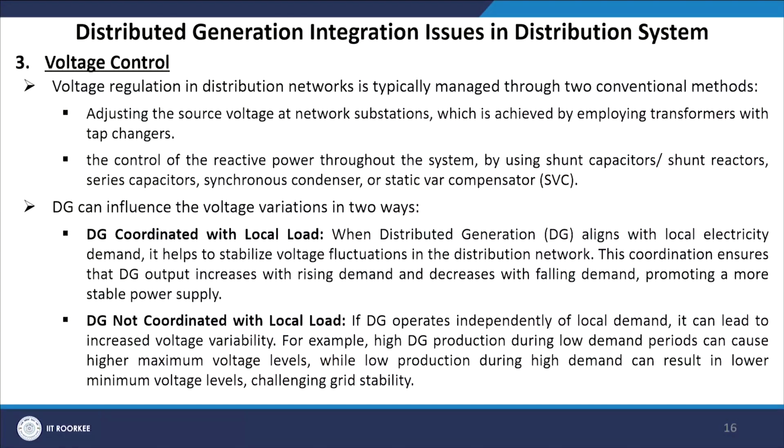Now, DG not coordinated with local load: if the DG operates independently of the local demand, then it can lead to increased voltage variability. For example, high DG production during low demand periods can cause higher maximum voltage levels. Means your load is low, penetration is high, that will create high voltage scenarios, while low production during high demand can result in lower minimum voltage levels, challenging grid stability.